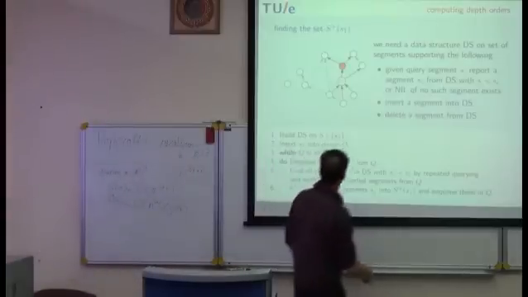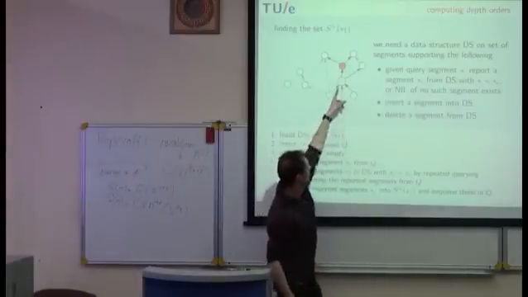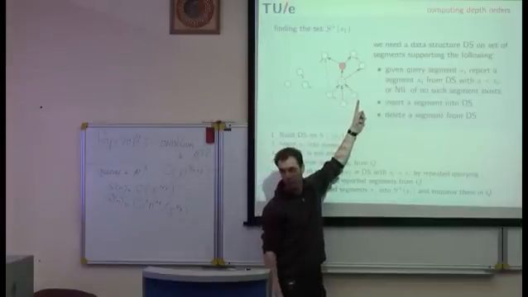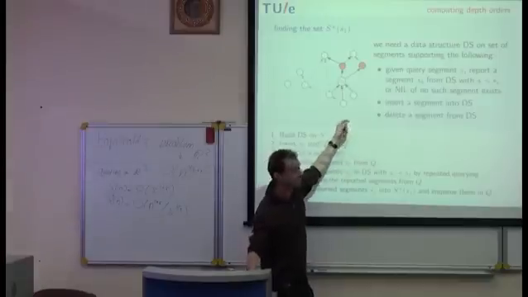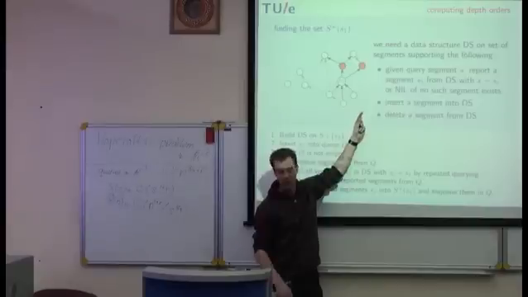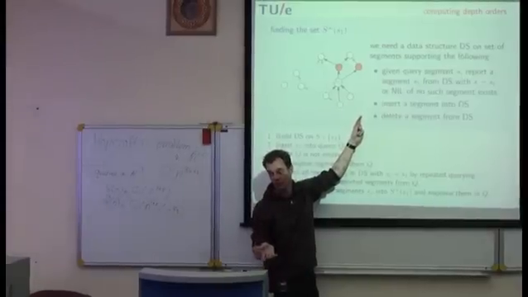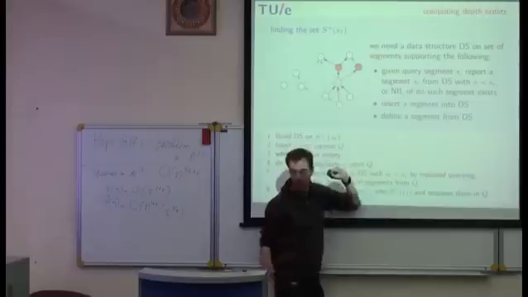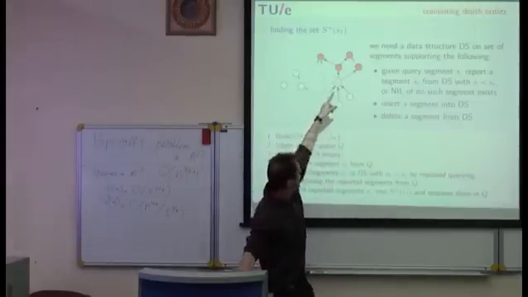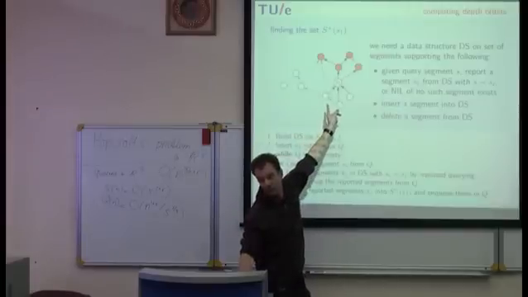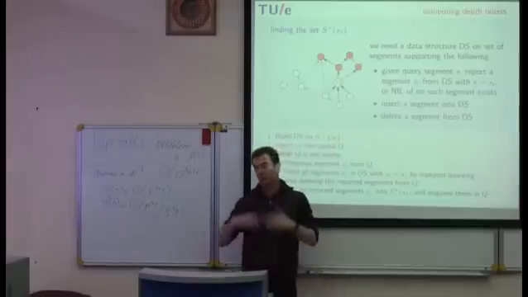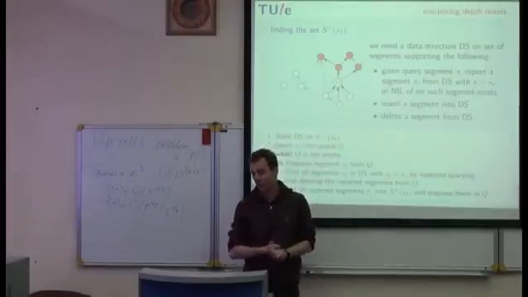Then I remove that one from the data structure and do another query with S1. I find this. Remove it from the data structure, do another query with S1, and I find there's nothing left. Now I do a query with that red guy. I find two queries, first that one, then that one. Then I find there's nothing else. I do queries with the three other ones. The answer is nil, and I'm done.